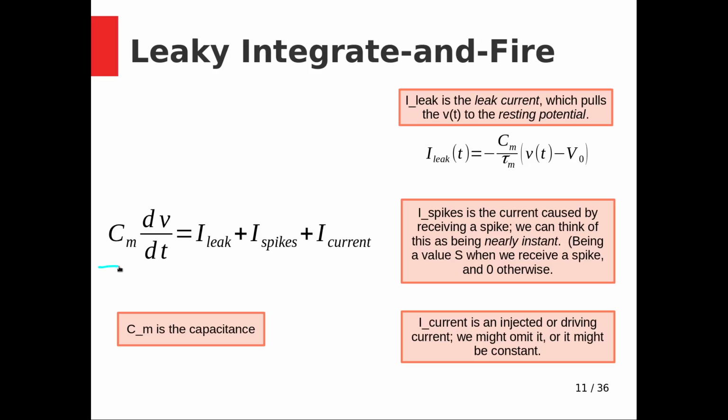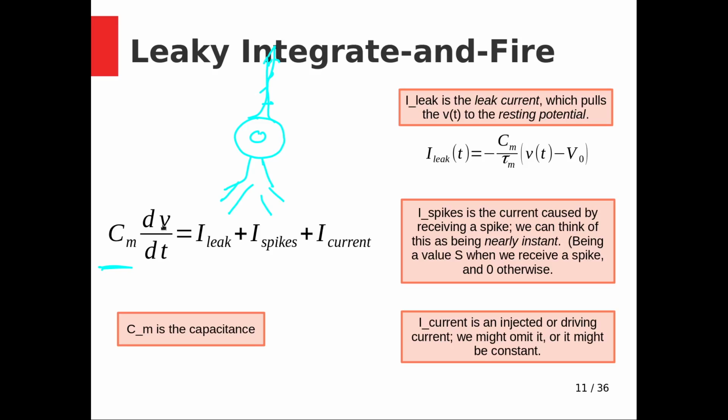This Cm over here is the capacitance of the neuron. I thought about having a little picture of the neurons. Basically, we're talking about the amount of energy that it can store. Let's have a little axon, and a little dendritic arbor. We're talking about the capacitance across the cell membrane.